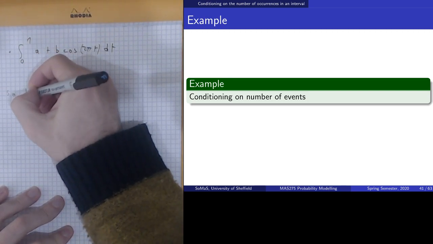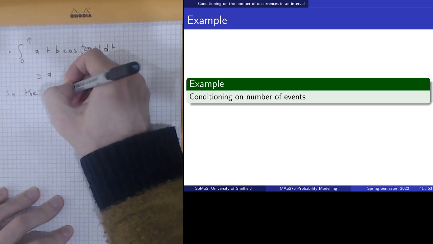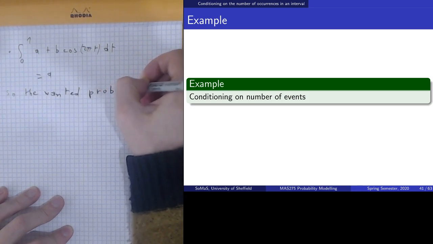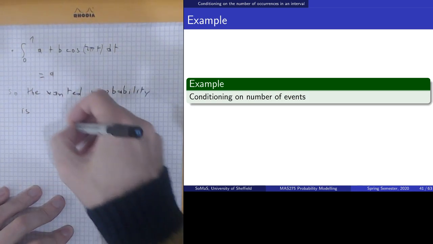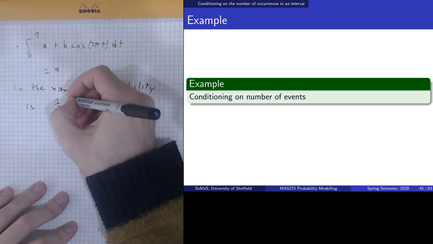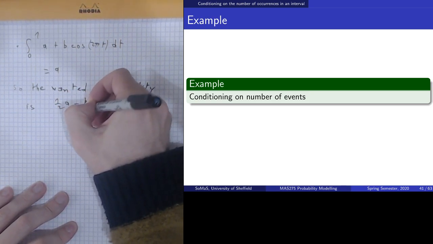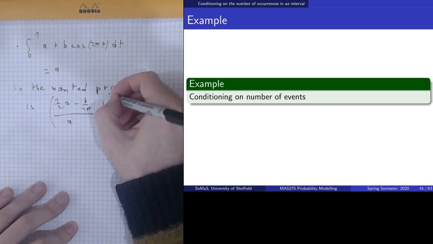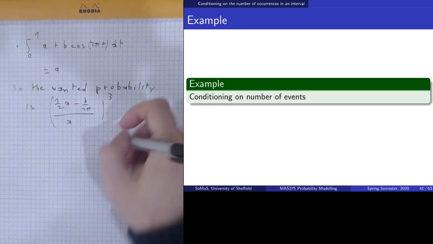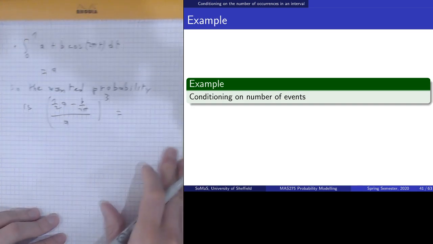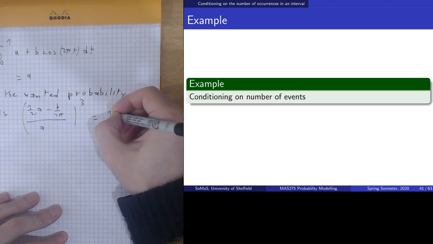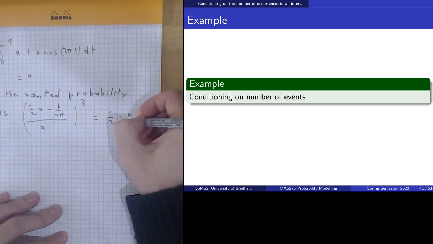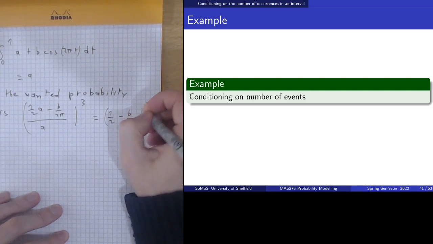So the wanted probability is half of a minus b over 2 pi divided by a cubed. Or you can rewrite it maybe more nicely as half minus b over 2a pi cubed.